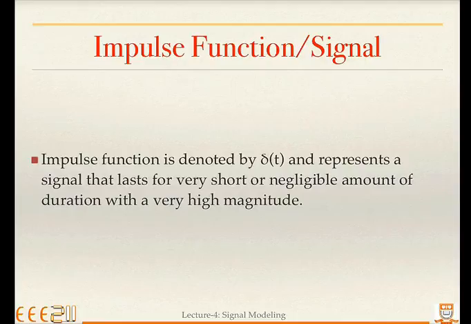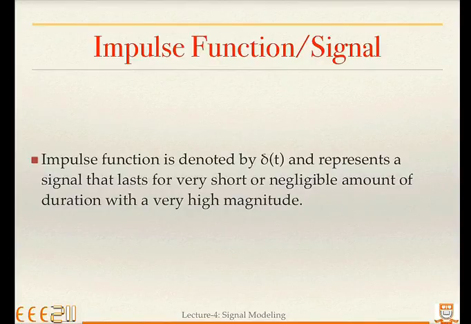Because it represents a signal that lasts for a very short or negligible duration with a very high magnitude. So you get a very high spike within a very short interval of time. And as we know, if that is an input to a system, then the response or output of the system is called the impulse response. And impulse response is very vital to characterize a system, and we'll talk more about it later.